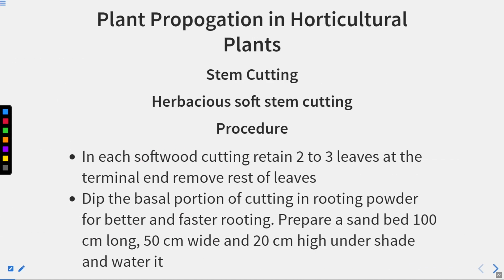In each softwood cutting, retain 2 to 3 leaves at the terminal and remove the rest of the leaves. Why do we do this? We have already discussed that it helps in the establishment of the plant. Initially the stem does not have a great amount of food, so these 2-3 leaves can perform photosynthesis and make food available for growing or establishing the plant.